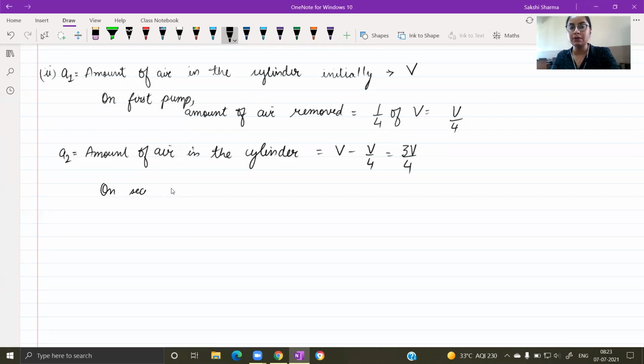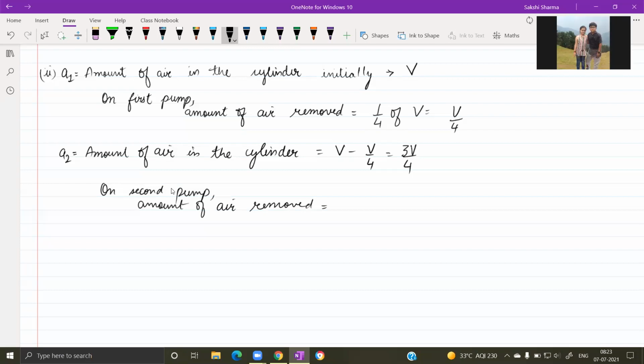Same way on the second pump, how much air is removed? What will be the amount of air removed? 1/4 of 3V by 4.